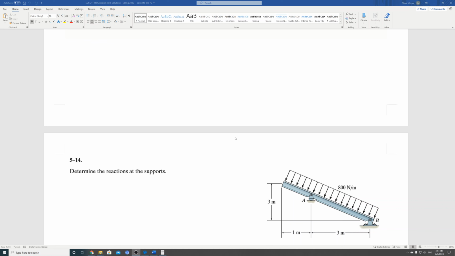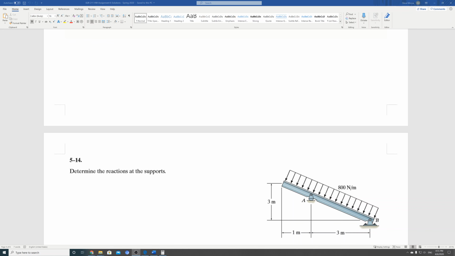Okay. And so what we need to do here is come up with the reactions. This is just a roller support essentially, so it doesn't resist any motion back and forth in this direction, just vertically. So we're going to have a reaction here only in the y direction. Over here, we have a pin support.